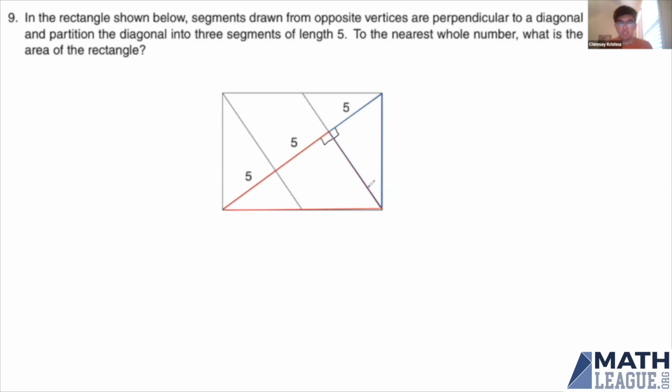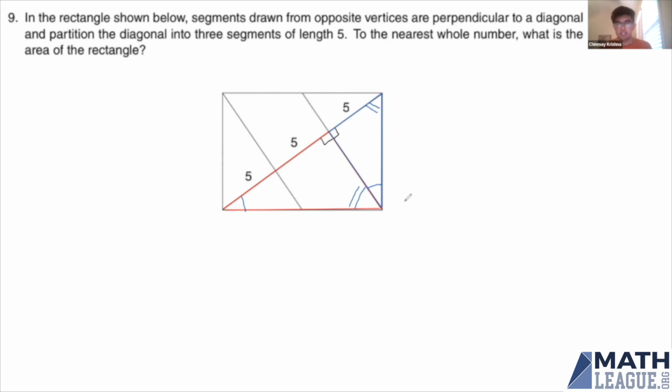This angle would be equal to this angle, and this angle would equal that angle, since in a triangle the angles add up to 180, and this is 90, so these two angles add up to 90 and these two angles add up to 90. So that's why these two triangles are similar.